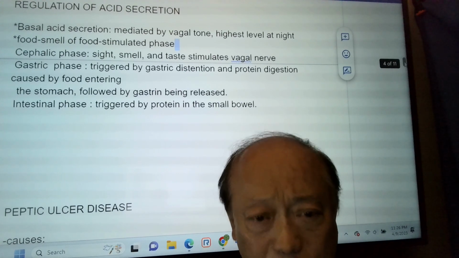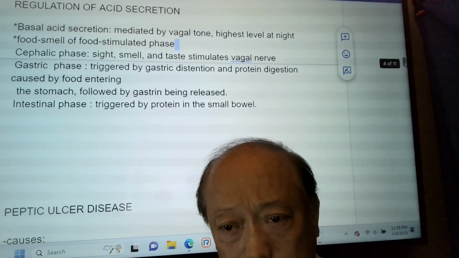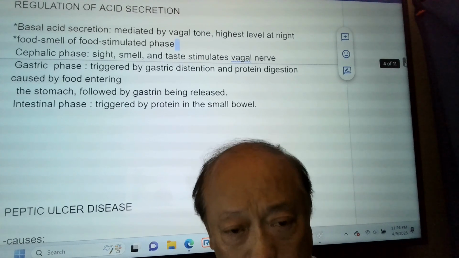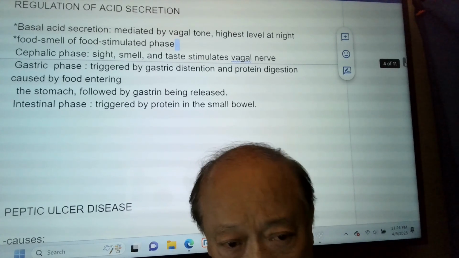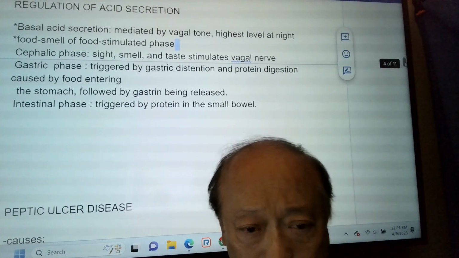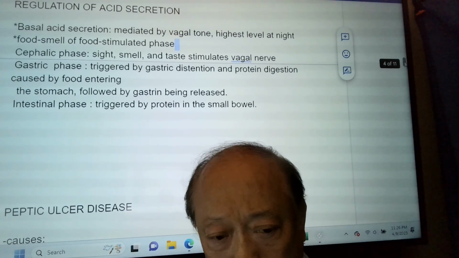Then there's the gastric phase, triggered by gastric distension and protein digestion caused by food entering the stomach, followed by gastrin being released. And then there's the intestinal phase, triggered by protein in the small bowel.